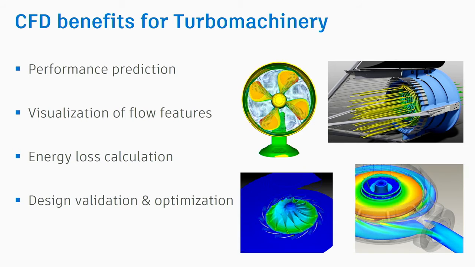The result visualizations that CFD offers allow you to capture flow features inside your model. So you can see problems of the flow inside the model. The flow can show you recirculation areas, flow separation, or high gradients of pressure and velocity. This is very important to say, okay, I see where the problem is. I'm going to improve my design and see what's the impact.